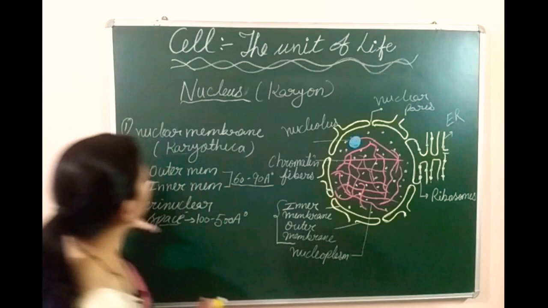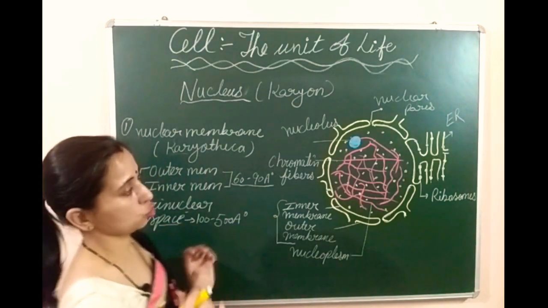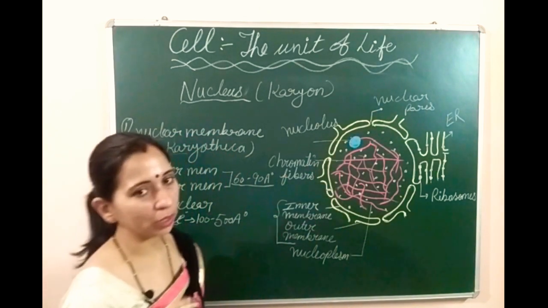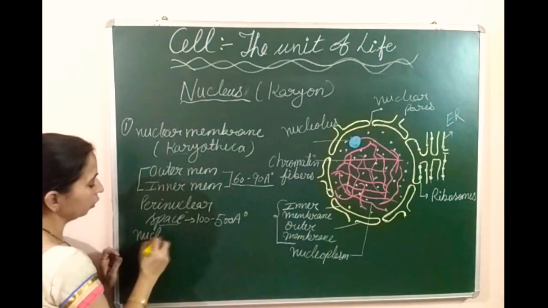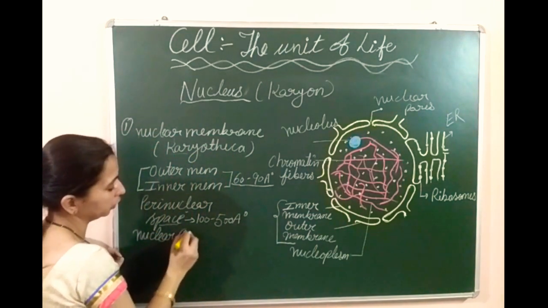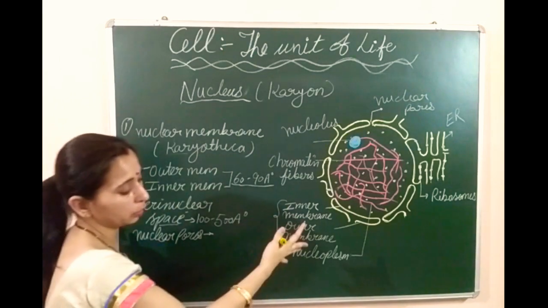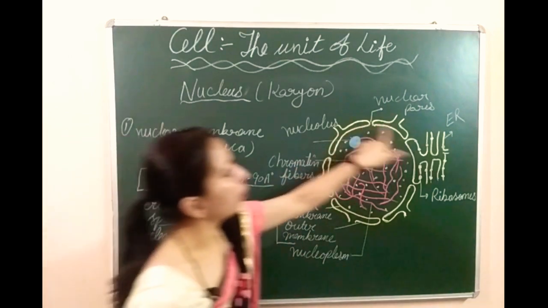So this is about both types of membranes, outer and inner, and between them the gaps present are known as nuclear pores. Now let's see the function of these nuclear pores. These nuclear pores are very large in number. यहाँ बहुत सारे nuclear pore present होते हैं इस पूरी membrane के बीच में.